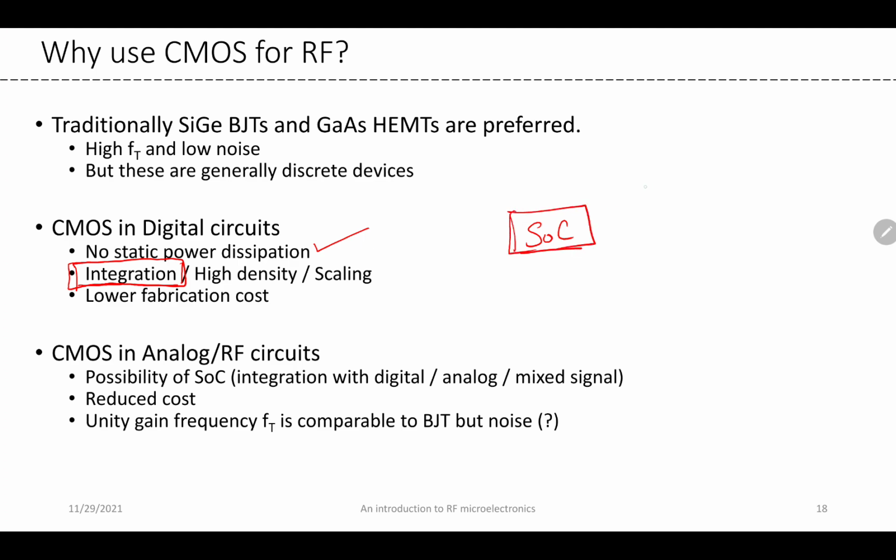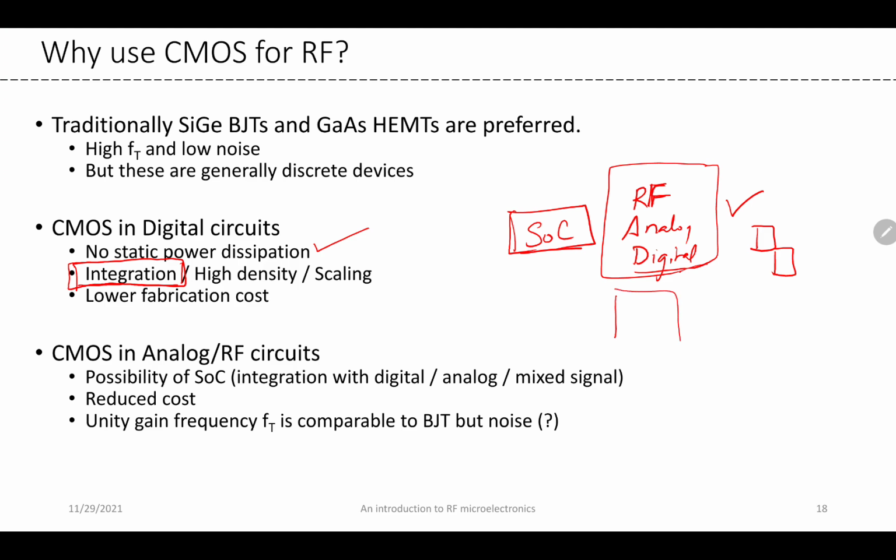If you're able to do your RF, your analog, and your digital all on a single chip, that's good for you, because that drives down costs, that drives down complexity, and that drives up performance because everything is closer to each other.